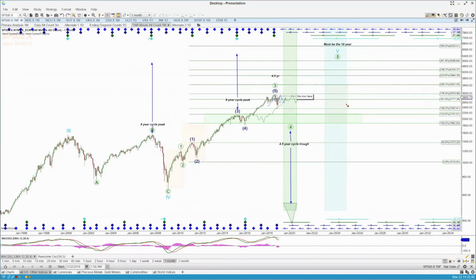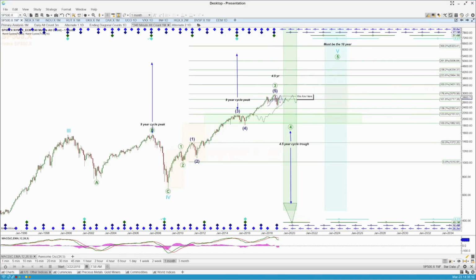Okay, so in terms of the Hurst expectations here, we've had this 4.5-year cycle peak in, and we're coming down into what should be a 4.5-year cycle trough. This isn't much good for trading in terms of the timing expectation on this time scale. This is a monthly chart because that's the timing range for it.